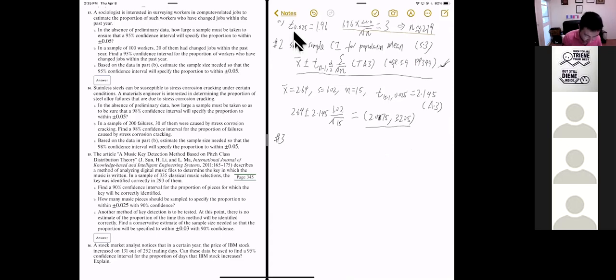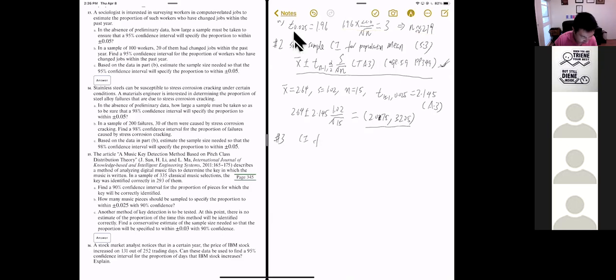Again, look at the last sentence of the question. Part A, 90% confidence interval for proportion. So confidence interval for proportion, that is section 5.2.